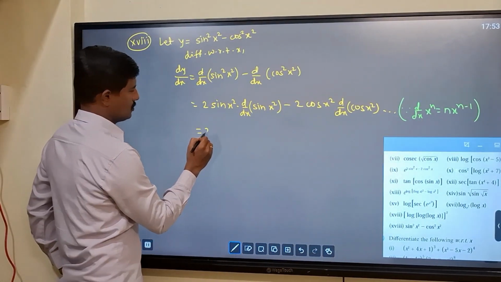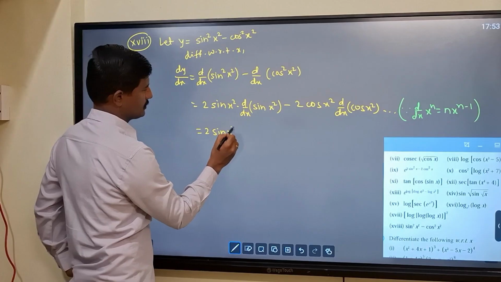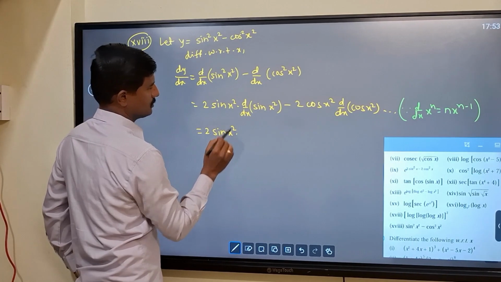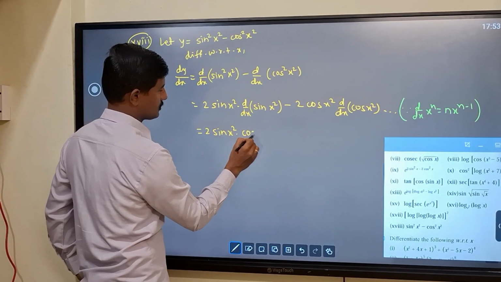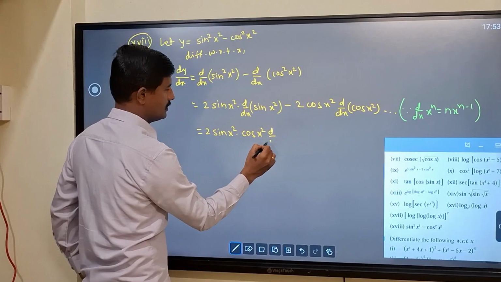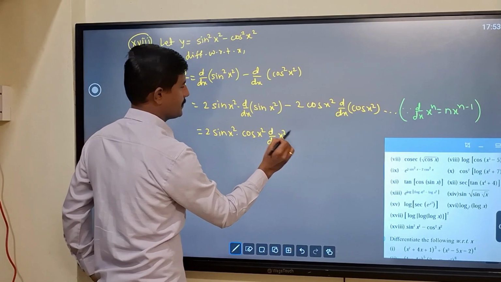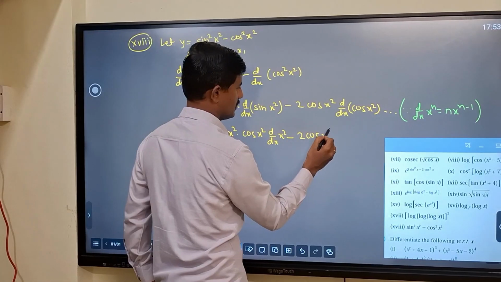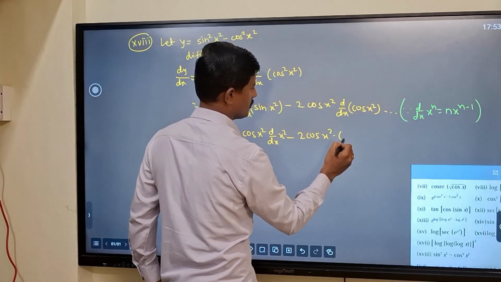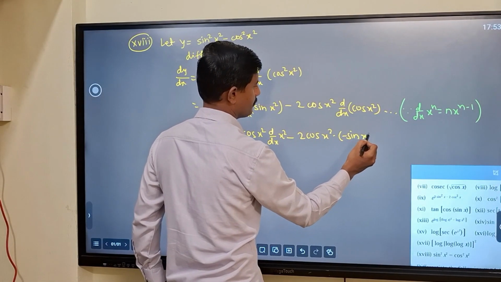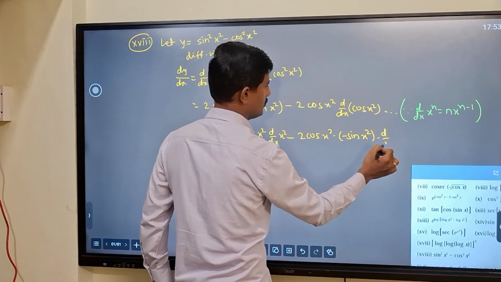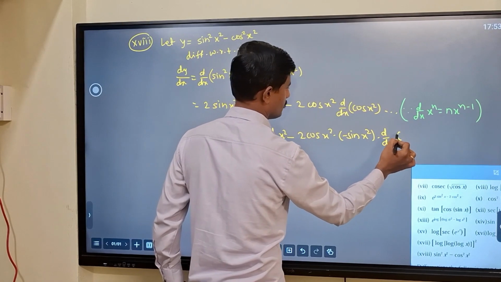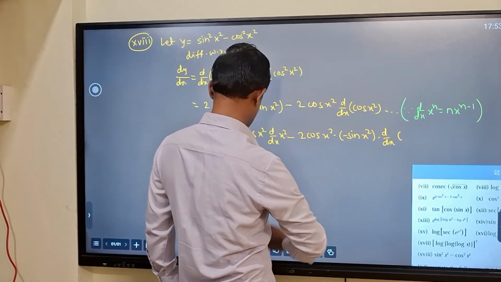Now 2 sine x square into differentiation of sine x, which is cos x square, d/dx of x square, minus 2 cos x square, differentiation of cos is minus sine x square, d/dx of x square.